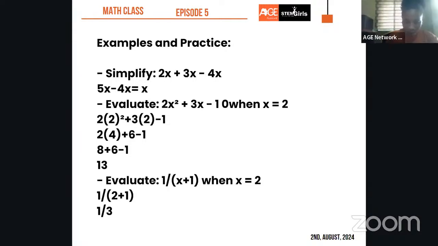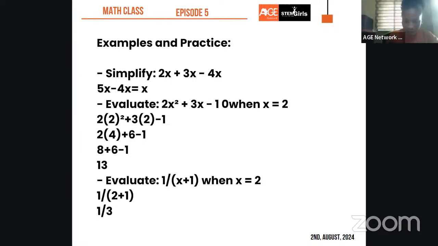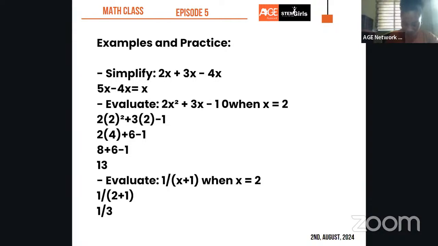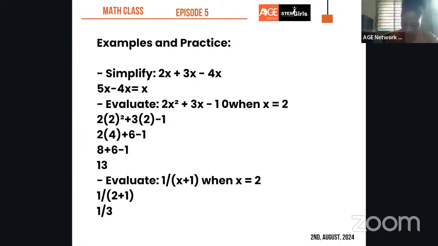So that is 2 into bracket 4, plus 3 times 2 is 6, minus your third term, which is 1. So 4 times 2 is 8, plus that's 6. Subtract 1. And we have our final, 8 plus 6 is 14, minus 1. We have 13.